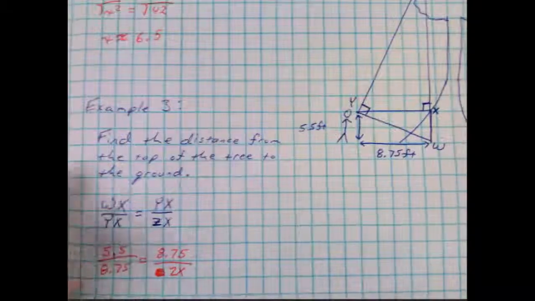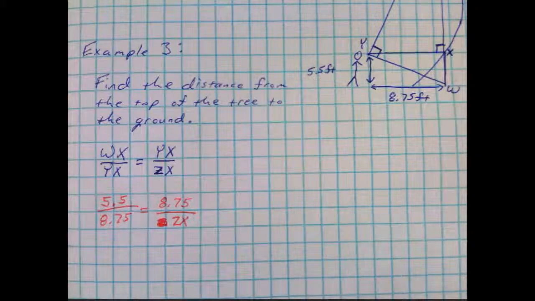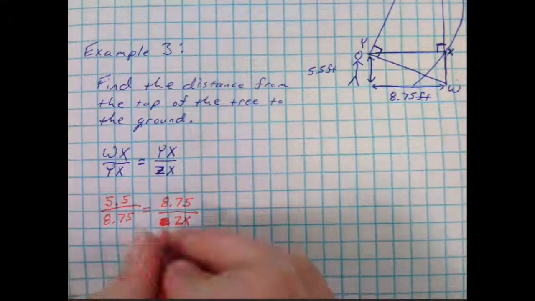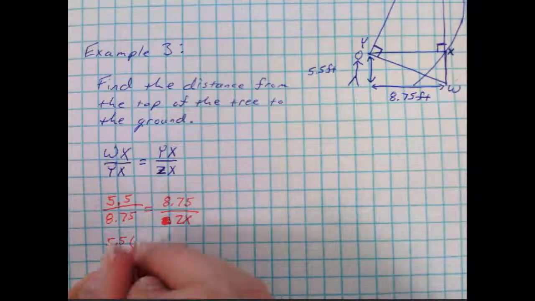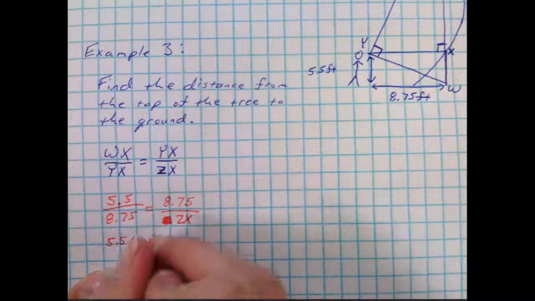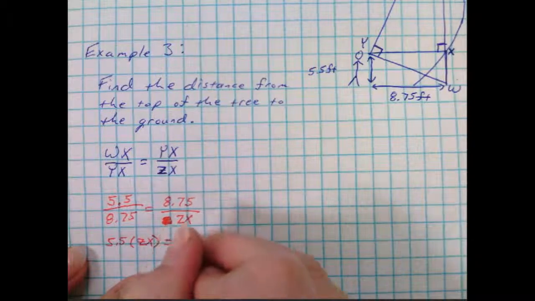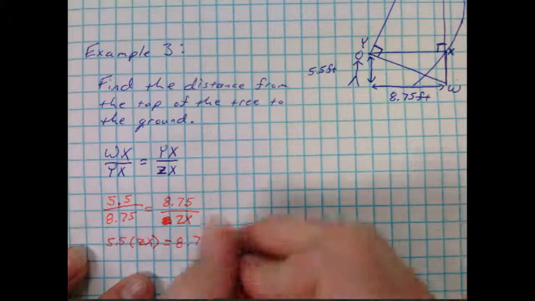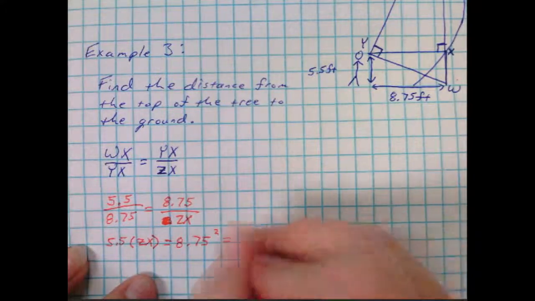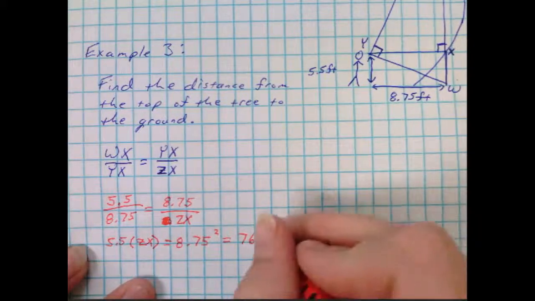Alright, so now I'm going to scoot this up so it's a little easier for you to see, since we're not looking at the picture right now. Then we're just going to go ahead and solve this. So again, doing our cross products, we have 5.5 times XZ, or ZX, whichever way you want to write that, equals 8.75 squared. When I square that on my calculator, I get 76.56, which we're going to round.